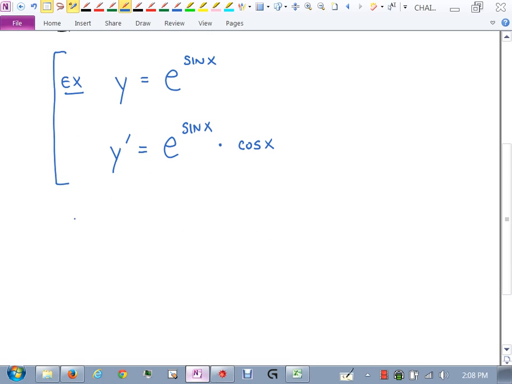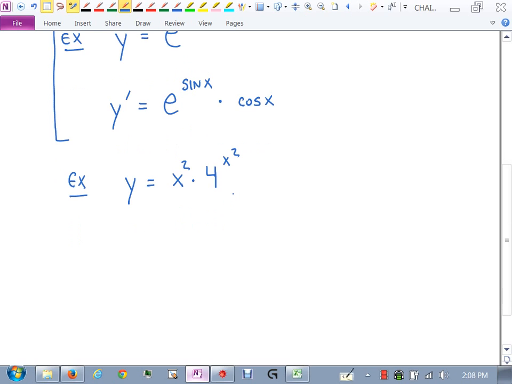Let's do another example. How about y is equal to x squared times 4 to the x squared? What do you see? Product rule, right?